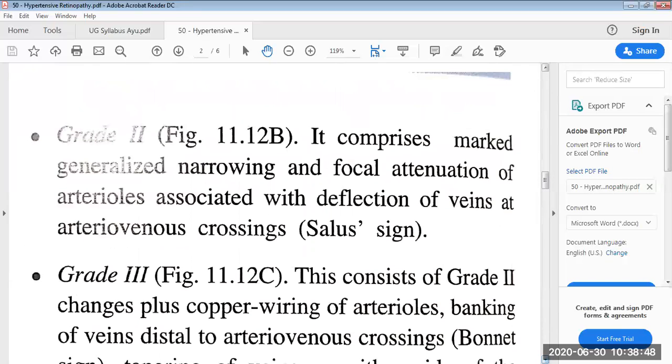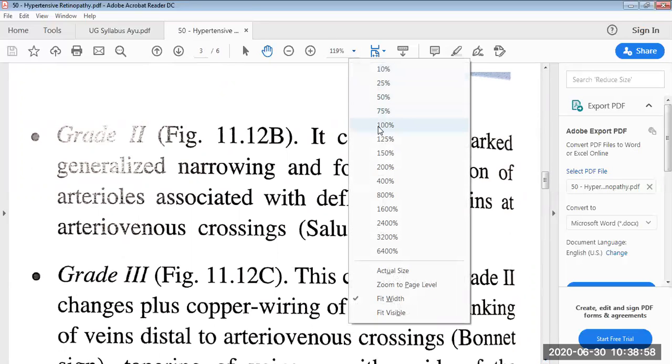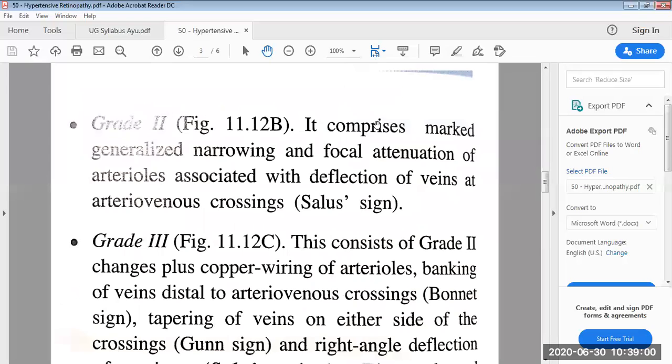The next is grade 2. It comprises marked generalized narrowing and focal attenuation of arterioles associated with deflection of veins at arteriovenous crossings. It is called the Salus line sign.